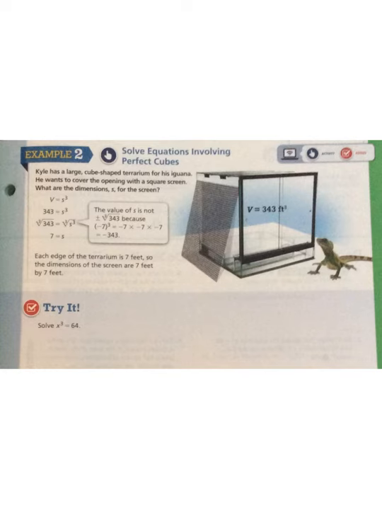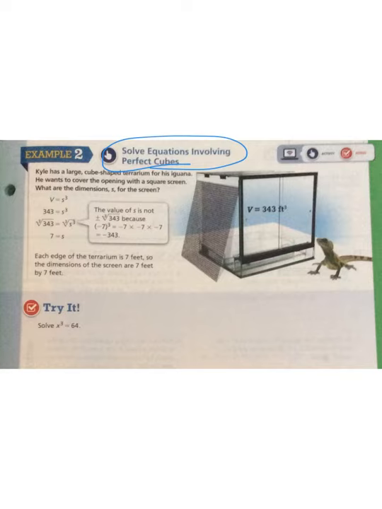So example 2, we're talking about volume, and we're talking about a perfect cube. It's saying the volume of this aquarium for this lizard or iguana is 343 feet cubed. So what would be the side lengths, the length, the width, and the height of this?